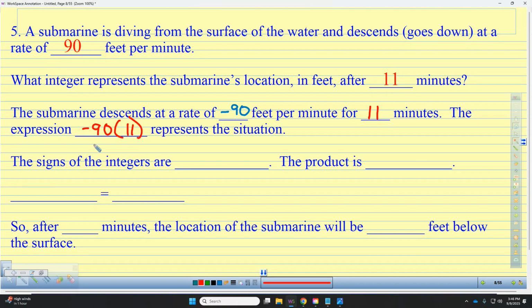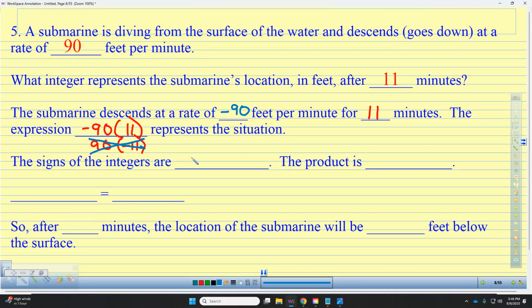Now, just make sure you get the right numbers. You could get the same answer by doing 90 times negative 11, but we're not talking about negative time. That doesn't really exist, so this doesn't really work for us.